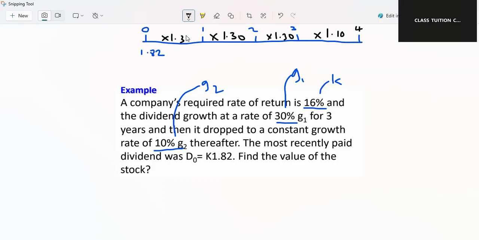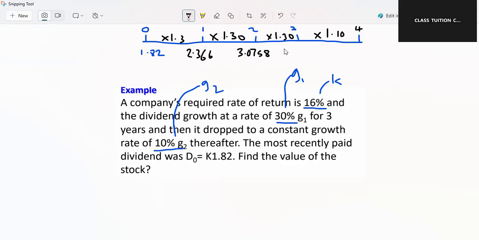So our initial was what? 1.82. So we're going to multiply 1.82 times 1.30. So here we're going to have 2.366. Again, the answer times 1.3, here it will take us to 3.0756.